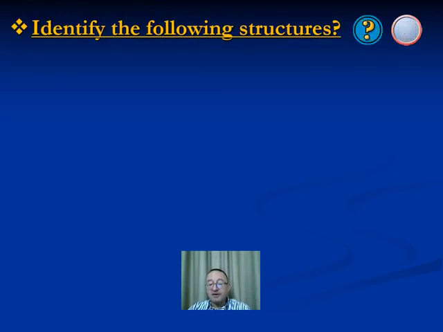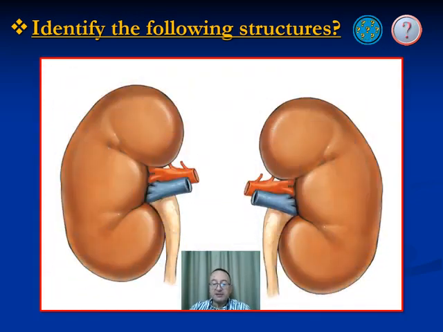Now, before leaving all what is related to the anterior surface of the kidney, we want to practice this question. These are the kidneys, unlabeled, and follow me now. When you see the arrow, you have to identify what is the area related to it. Yes, area related to small intestine and ascending branch of right colic artery.